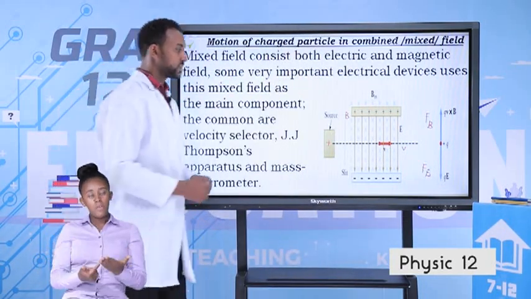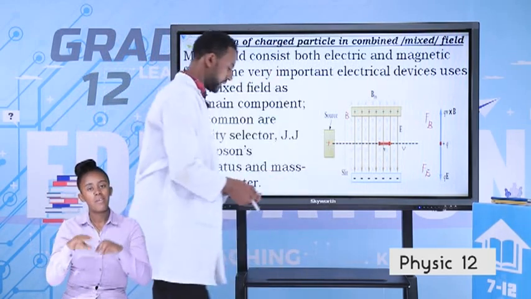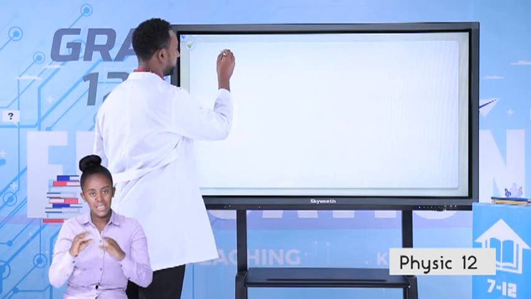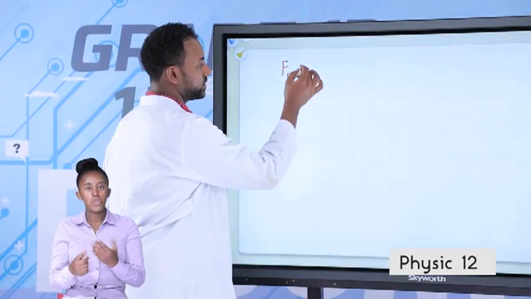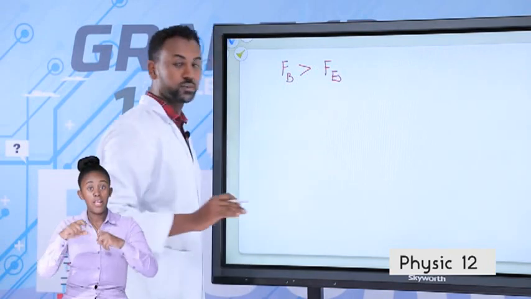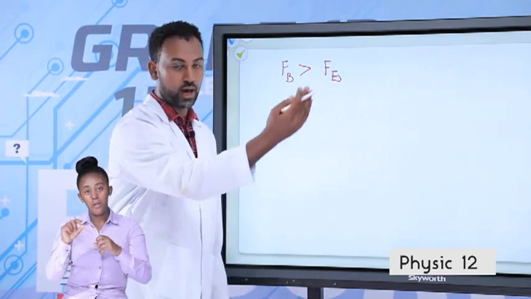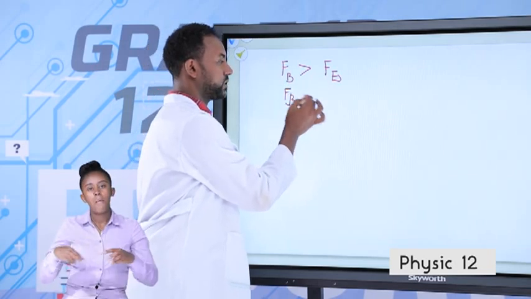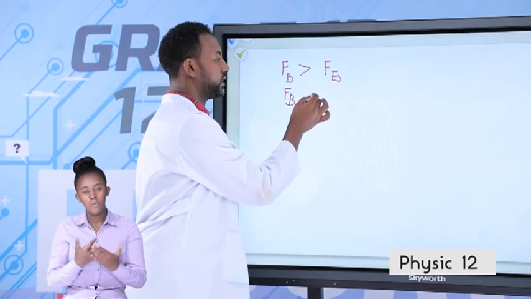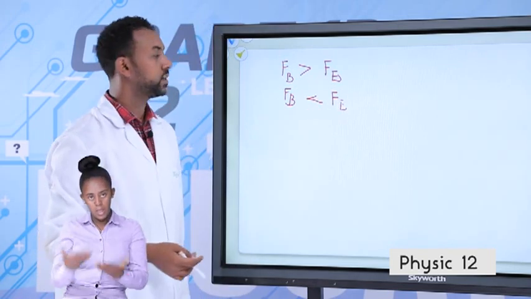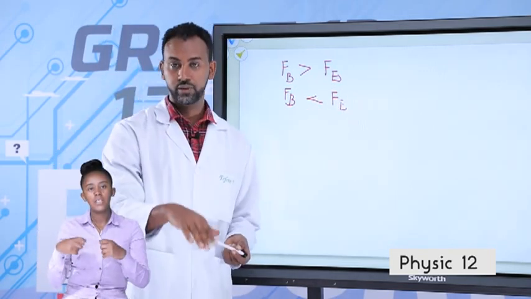Therefore, as the force due to the magnetic field, which is acting upward, is greater than that due to the electric field, the charged particle will tend to move upward. Whereas if the force exerted by the magnetic field is less than the force due to the electric field, the charged particle will tend to move downward.